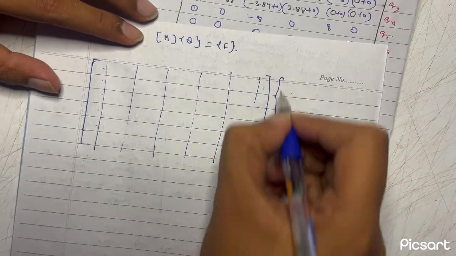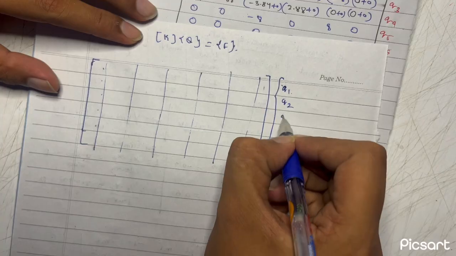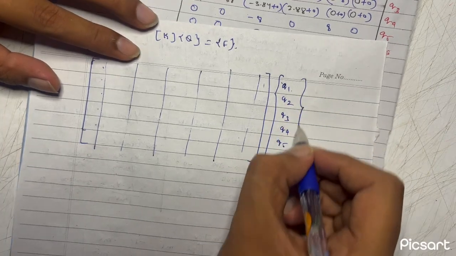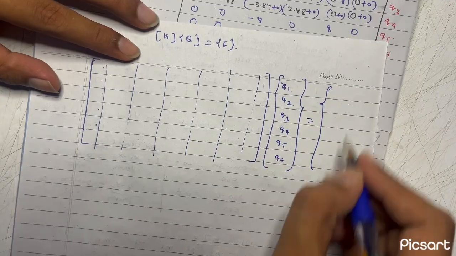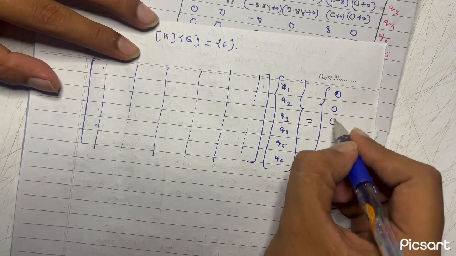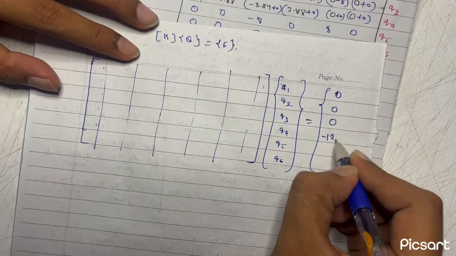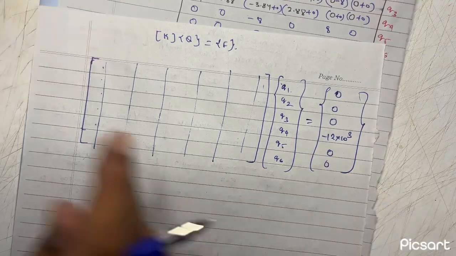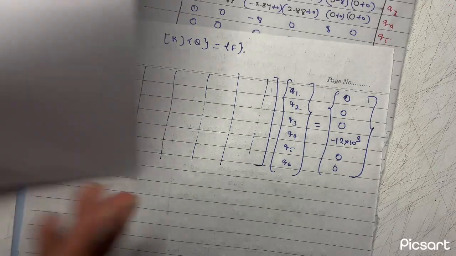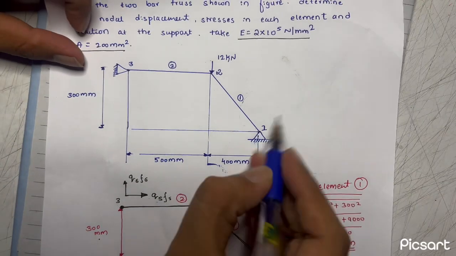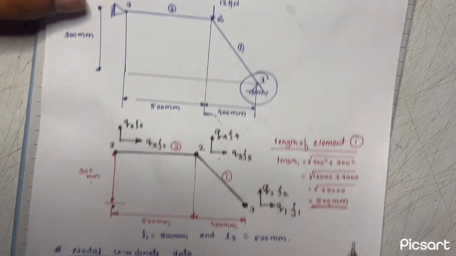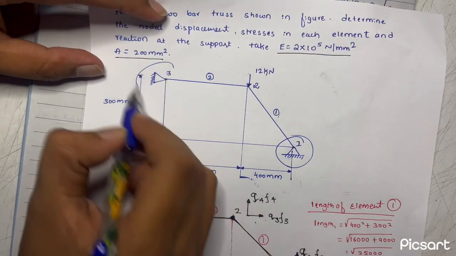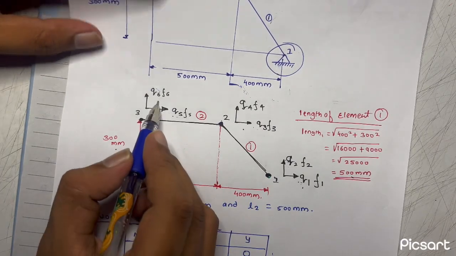Here I will write Q1, Q2, Q3, Q4, Q5, Q6. That is equal to F 0, 0, 0 minus 12 into 10 raised to 3, 0, 0. As from this given figure, you observe this, here it is fixed end, so Q1, Q2 0, here also it is fixed end, so Q5, Q6 also 0.